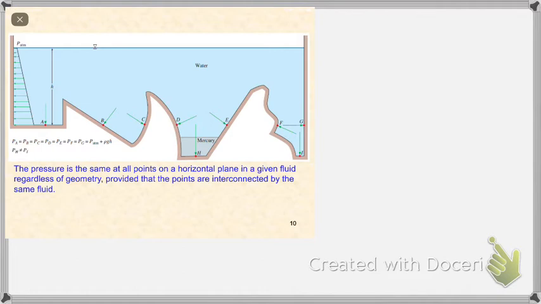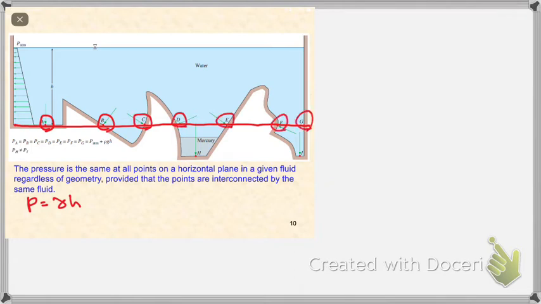Now, P is equal to gamma H. We take one horizontal level first, which is here. On this horizontal level, you have points A, B, C, D, E, F, and G. Are those points acting at the same H?